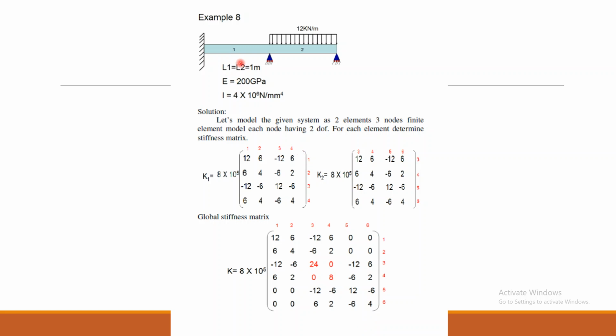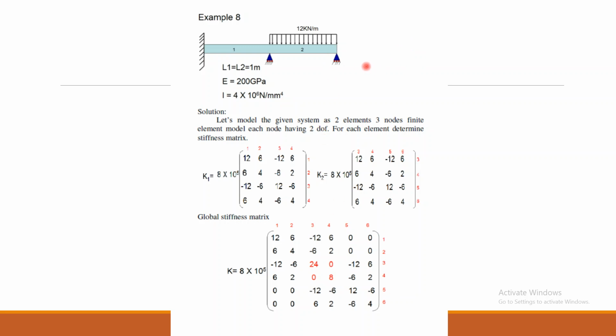Coming to the constants given, the length of the first part is 1 meter and the second part is also 1 meter. Young's modulus and area moment of inertia is 4 into 10 raised to 6 Newton per mm square.